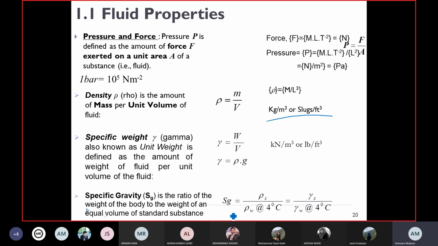When we have to find out the specific gravity for a liquid, the standard substance would be water, and when we have to find out the specific gravity for any gas, fluid can be gas or a liquid. Okay, if you are to find out the specific gravity for gas, the denominator would be the density of gas at standard temperature, and standard temperature is considered as 4 degrees. Okay, so these are some of the definitions of properties of fluid.